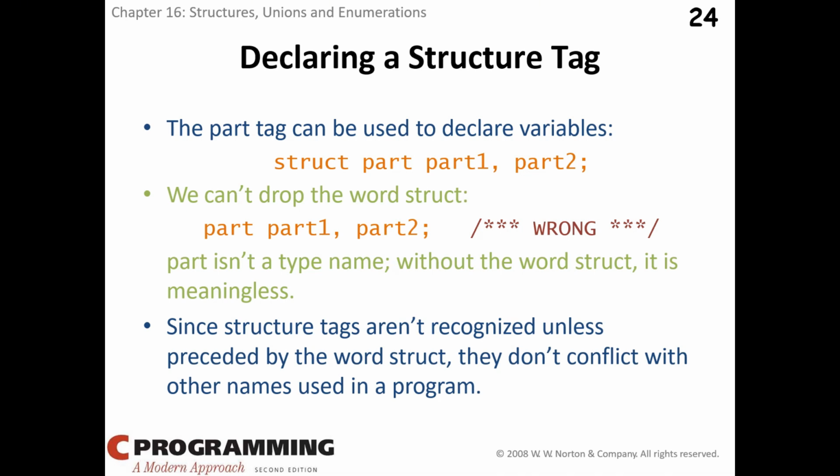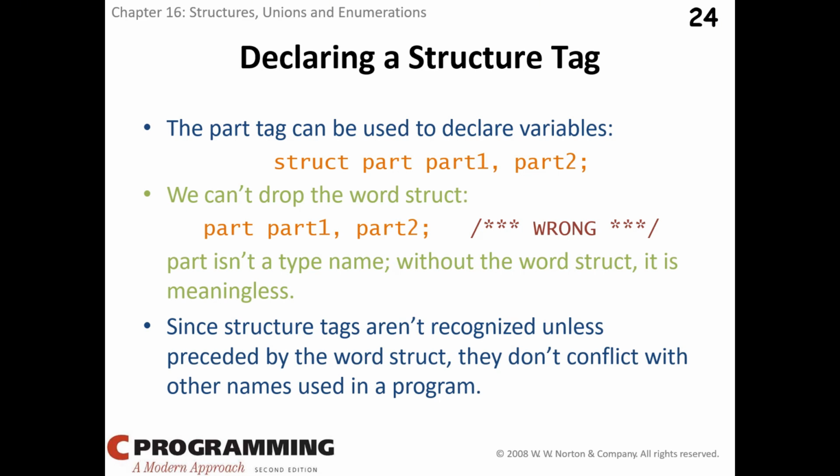So for example, here we have the part structure, and in the example in this slide, part1 and part2 are variables of type struct part, and they're capable of storing part numbers, names, and quantities on hand as defined by the structure tag part. It's important to note that we cannot drop the word struct when declaring variables of structure type.